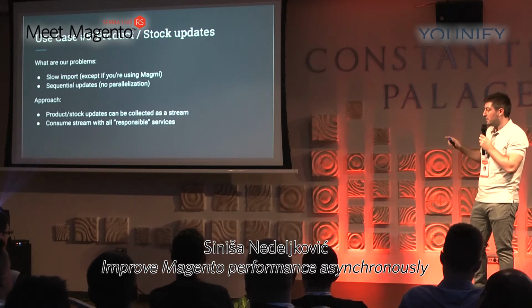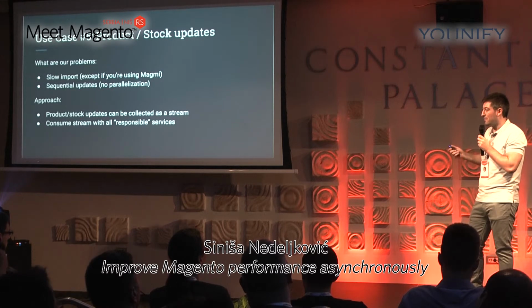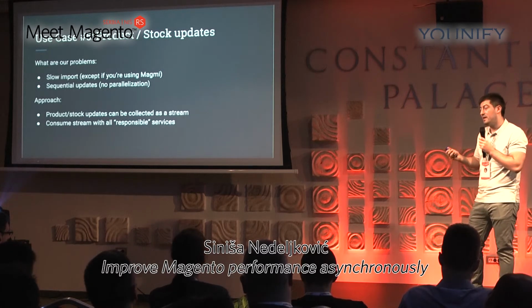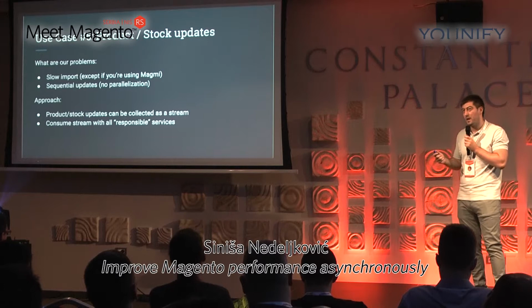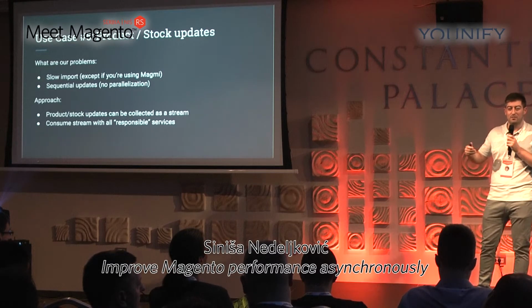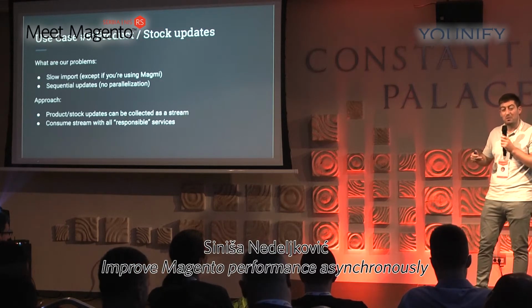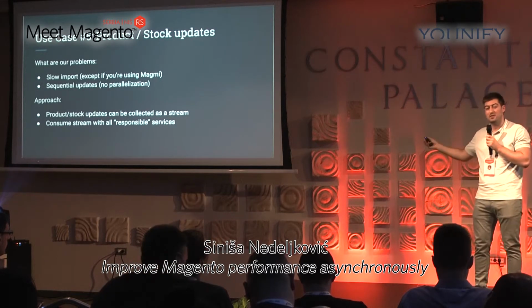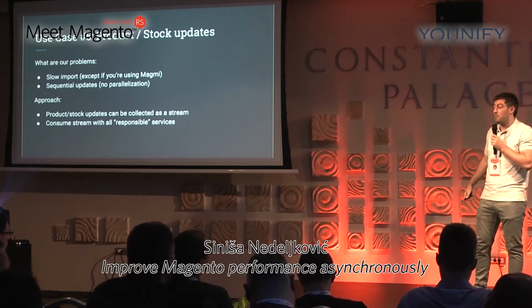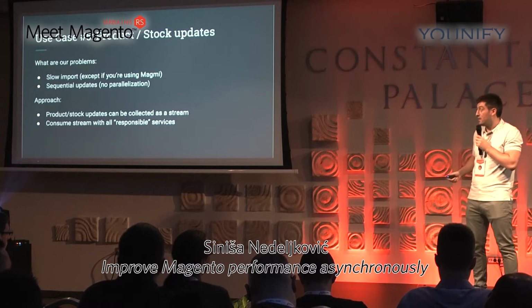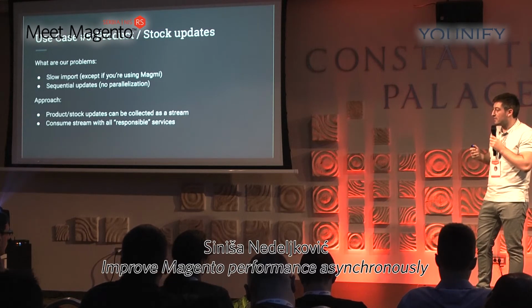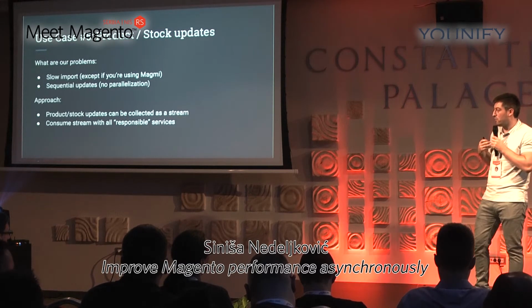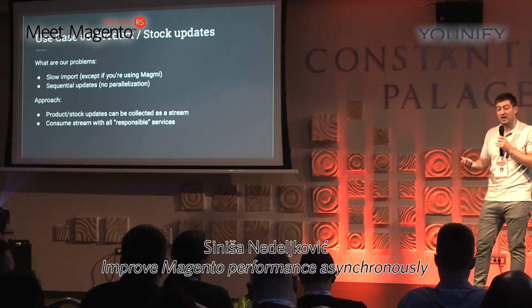What's good with streams is, for example, if you do a product update, it means that not only one indexer will have work to do. You'll probably have to do price updates, maybe search updates, maybe your product flat table, etc. The good thing with streams is you can just push that data and let consumers take what they need.